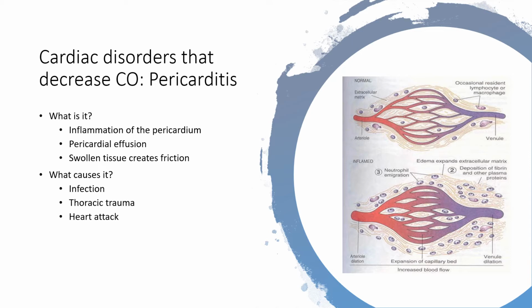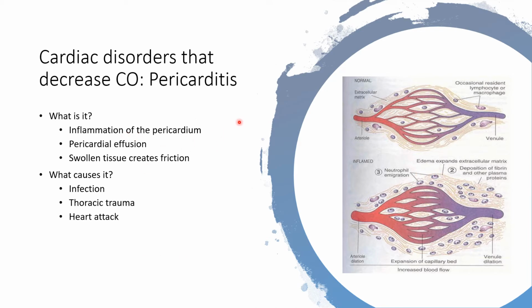So here's a normal heart, here's an inflamed heart where we have more blood flow going through the capillaries. We're applying more pressure, and so we actually have some more space. We're applying more pressure due to this increased fluid in the interstitial space, which is then attracting more leukocytes.